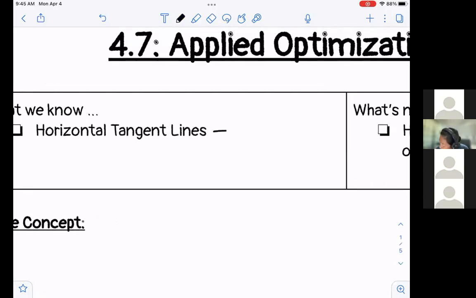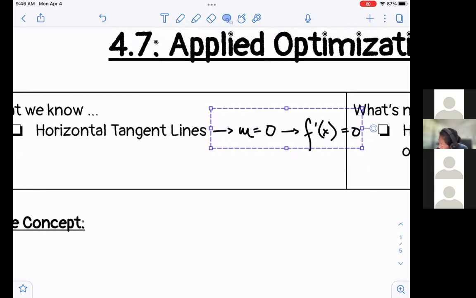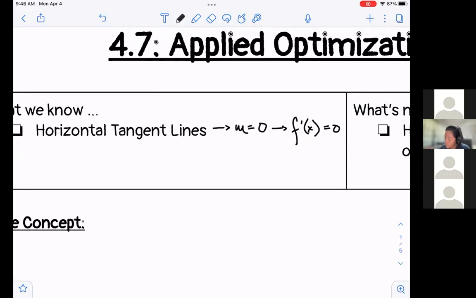That's something we really want to make sticky for us. So a horizontal tangent line means we're looking for the slope equal to 0, which means we're really looking at when the derivative equals 0.